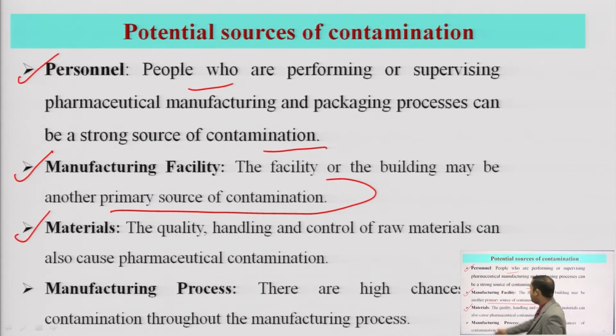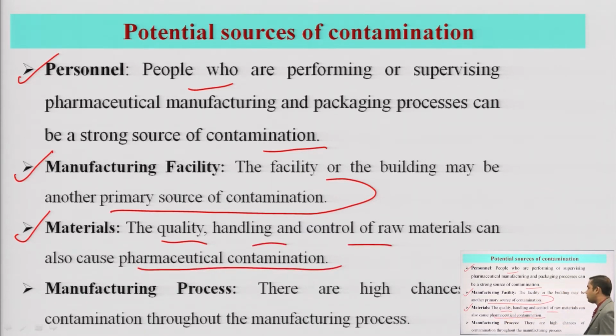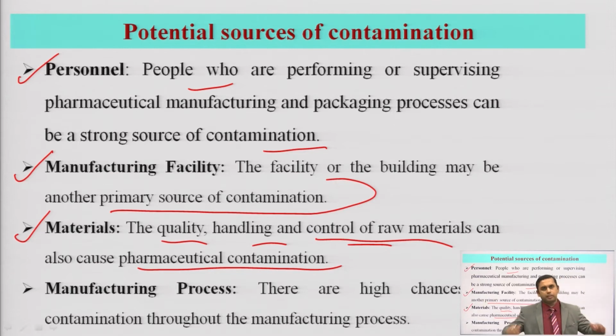Materials are another very important source. The quality, handling, and control of raw materials can be a cause of pharmaceutical contamination. We have to maintain the quality of the raw materials, but this is manageable in industry. What I have seen is that when a raw material comes to the industry, QA and QC, that is quality control and quality assurance people, become very active.